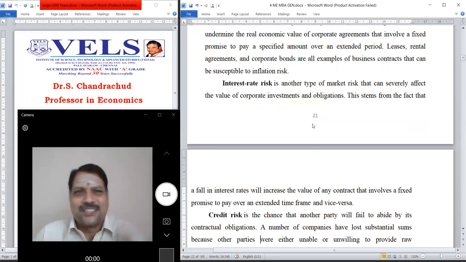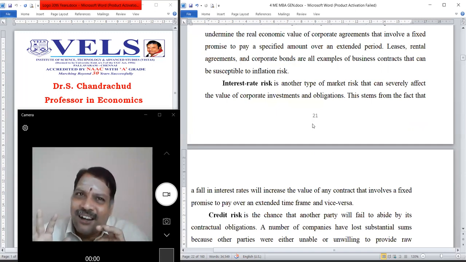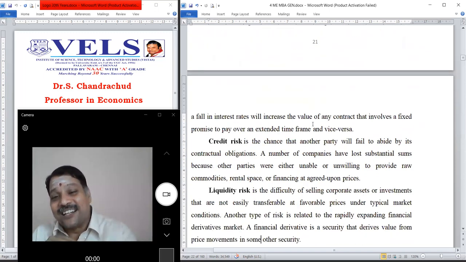Of course, vice versa. It may be reverse. Suppose there is an increase in interest rate, then you have to pay more. Less means you will be gaining. So whether you are investing or you are selling, the interest rate is inversely proportional.